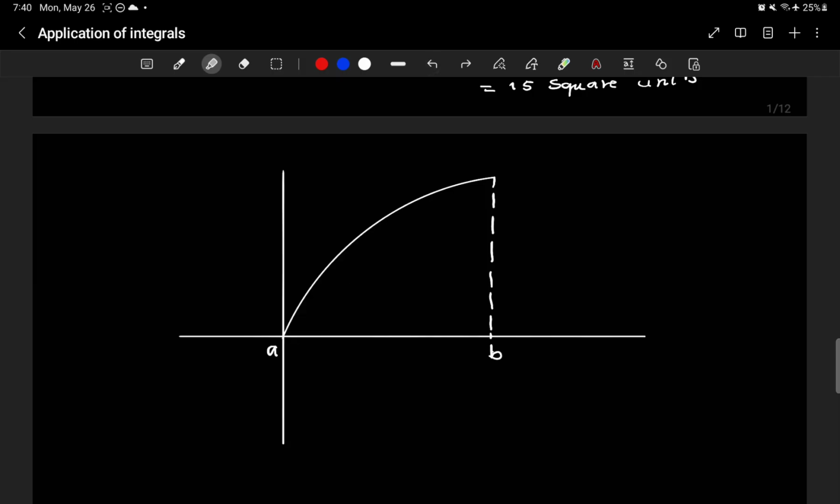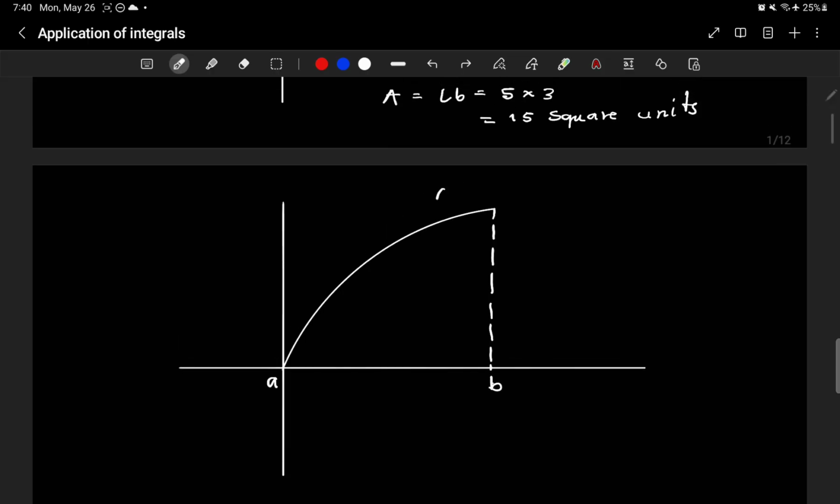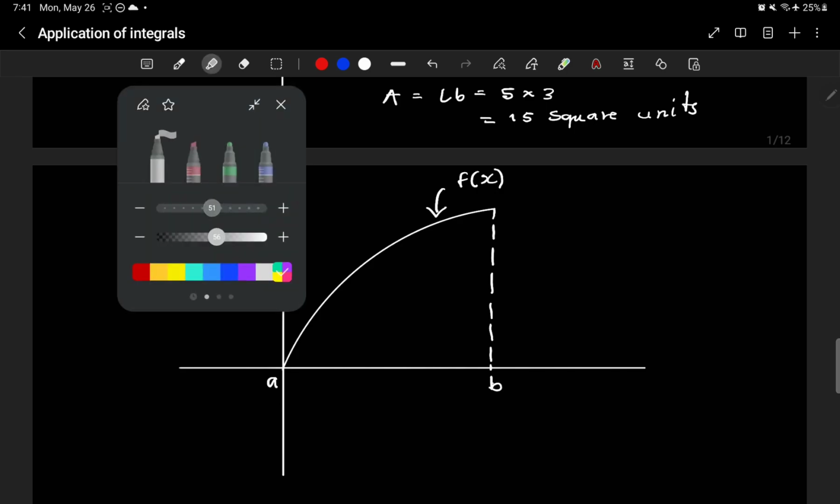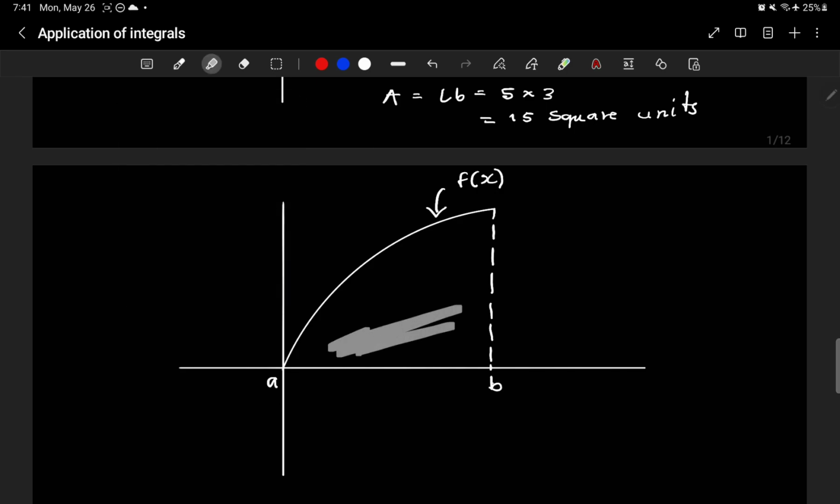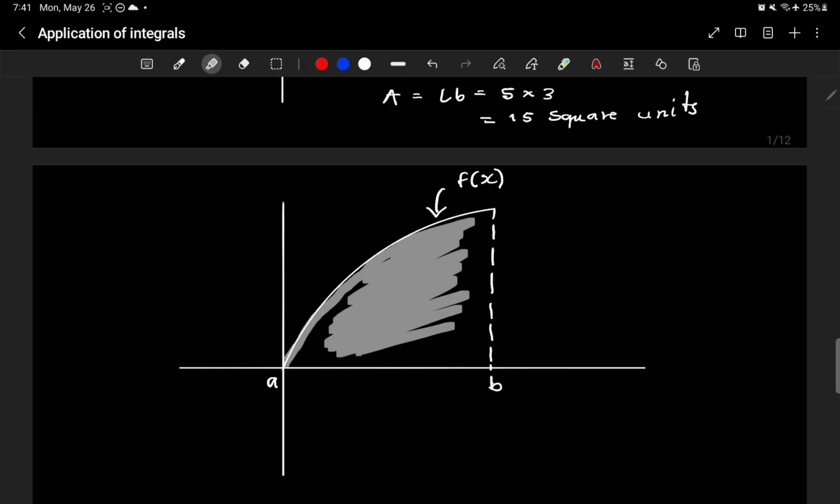We can say that the graph on top is controlled by an expression f of x. So the area we're going for is the area between the function f of x and the x-axis, or the graph y equals 0. So we're going for this area here. Let's shade it up so that we can see it properly.